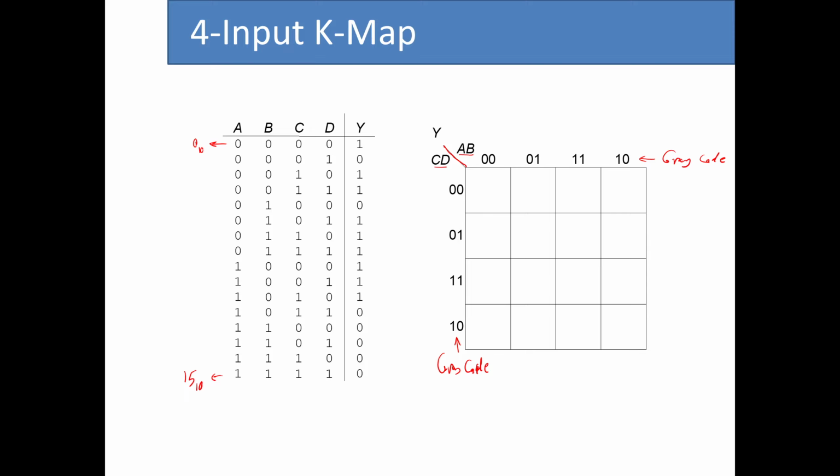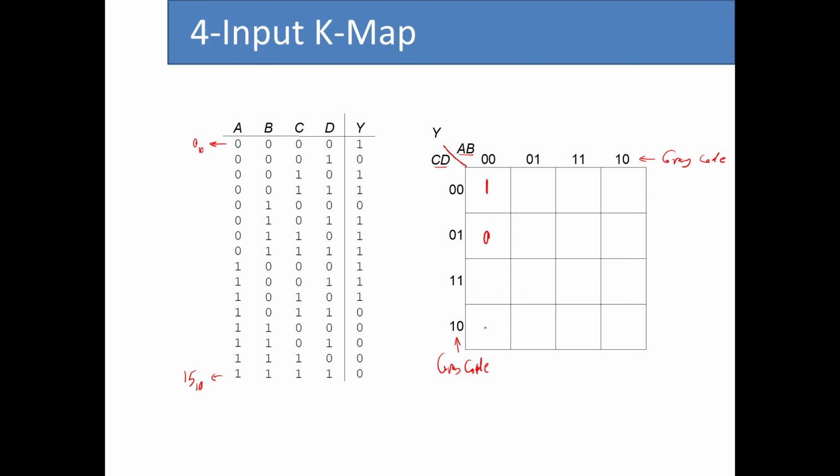So now that we have this, let's just fill out this Karnaugh map using the values for Y. For the first one, we have 0, 0, 0, 0 for A, B, C, D, and the value is 1. So I put 1 here. Then we have 0, 0, 0, 1, and the value is 0. Then we have 0, 0, 1, 0, the value is 1.